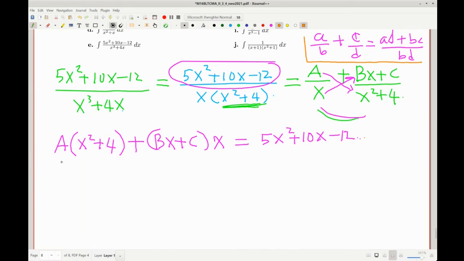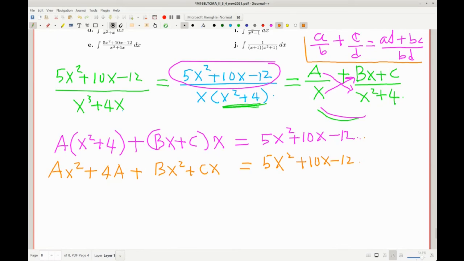So let's go. Again, we're using the technique we used last time. We combine this side. This gives me Ax squared. Notice there is a Bx here. Well, let me write it in 2 lines. 4A plus Bx squared plus Cx. And this is equal to 5x squared plus 10x minus 12.